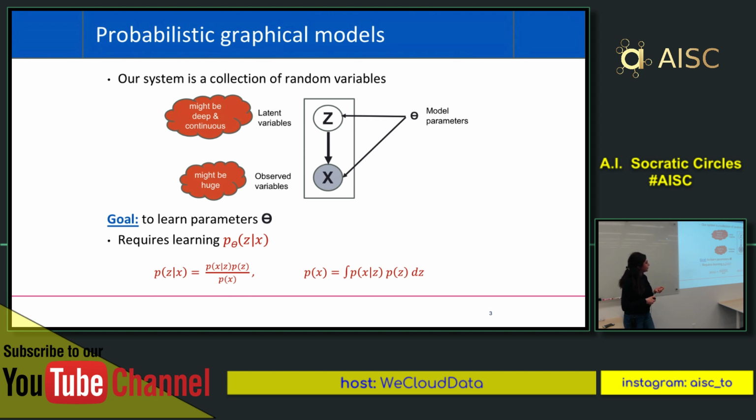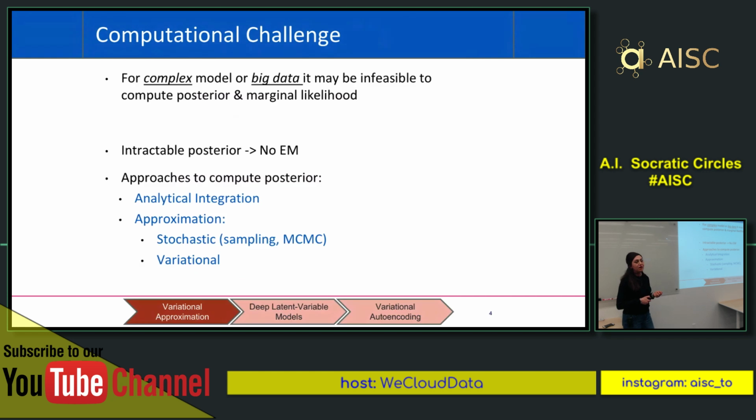This is the challenge in the Bayesian statistics community and machine learning community, because for complex models and big data, it's very hard to compute the posterior or the marginal likelihood. So they are intractable.